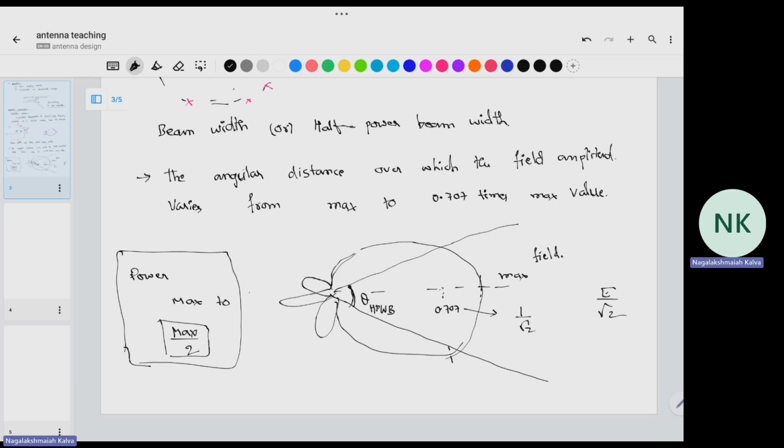If I take power P, which equals E square, it is like E square by 2. The same thing we are talking about, but it is shown in a different fashion. Here it is 0.707 times, here it is 0.5 times only. There's no variation. It is simply the term squared.